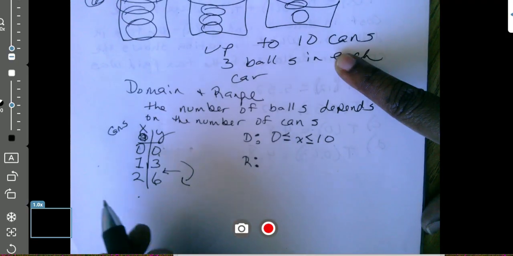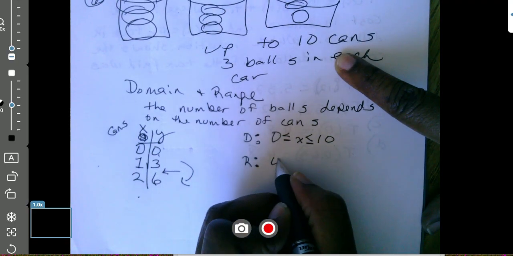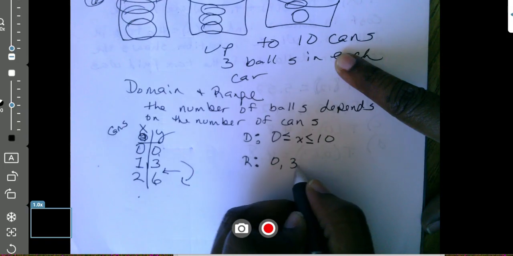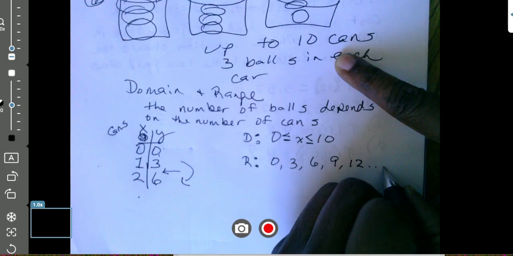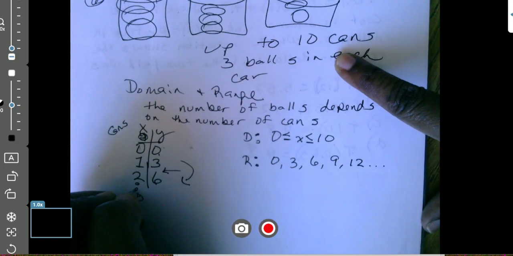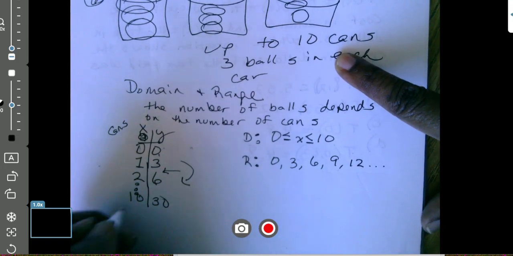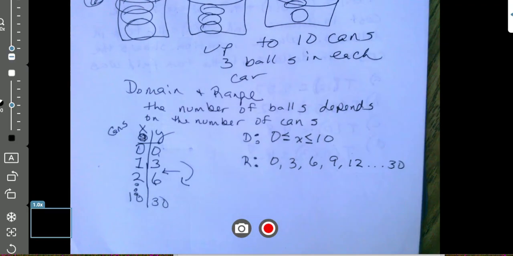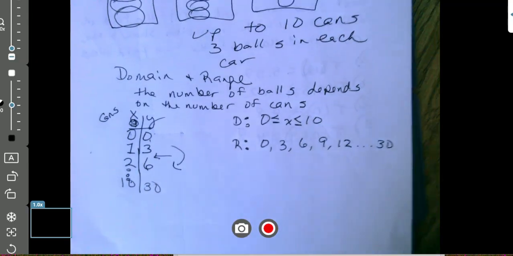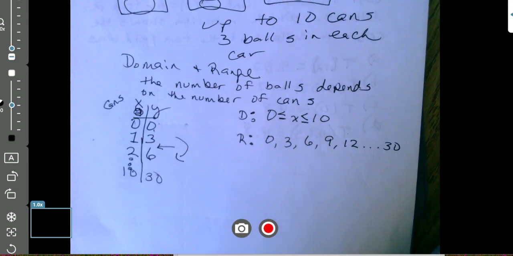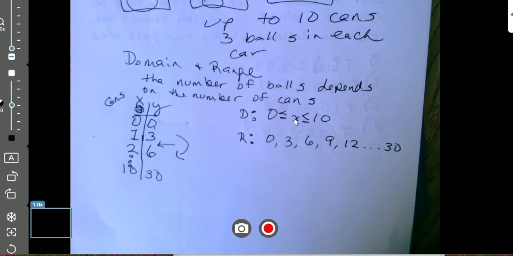The range, they are very particular on 0, 3, 6, 9, 12. And if you go up to 10, the last range value you can have is 30. Alright? Just want to put that out there.